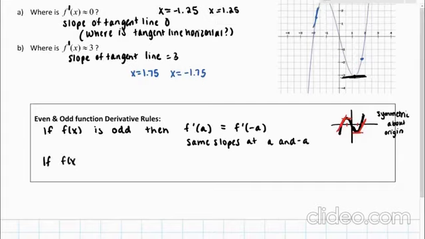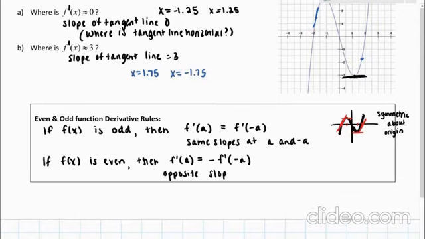If f of x is an even function, then f prime of a is equal to negative f prime of negative a, which means that they have opposite slopes at those different x values, so at a and negative a.